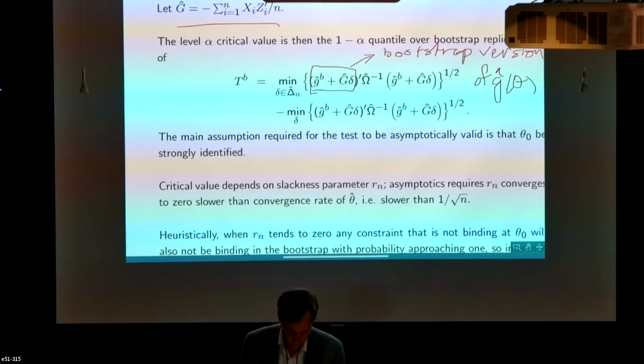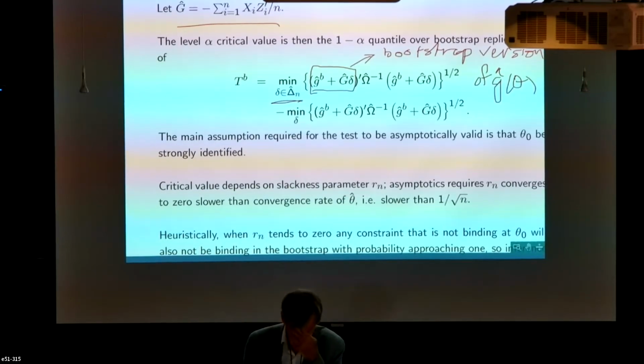You have theta. Okay, and so then for each bootstrap draw, we just recompute the test statistic exactly as we did, only we use this local parameter space here.